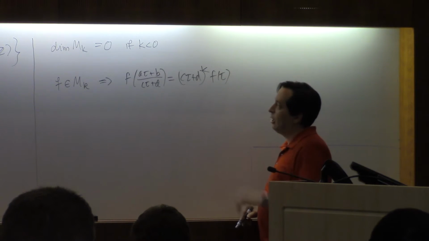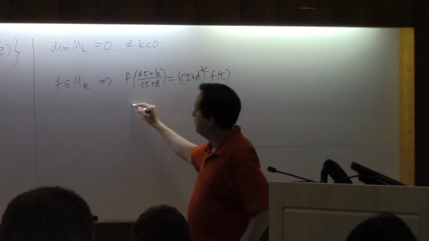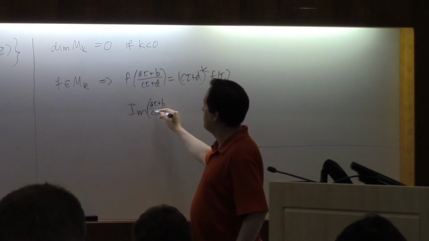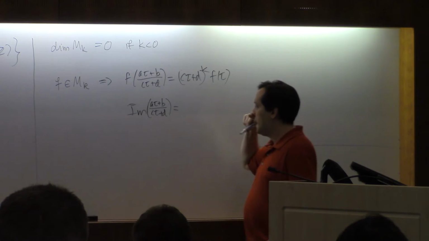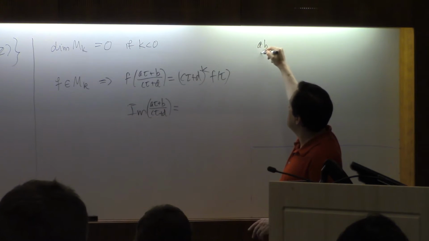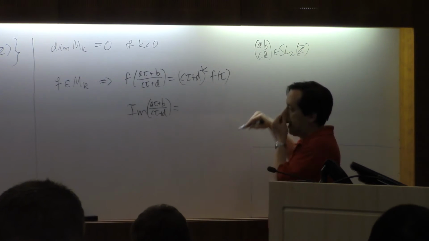Now at the same time, remember I mentioned the imaginary part function has, well, if you're in SL2Z, this is for matrices in SL2Z, determinant 1 at least. Okay, that's what we're looking at here.